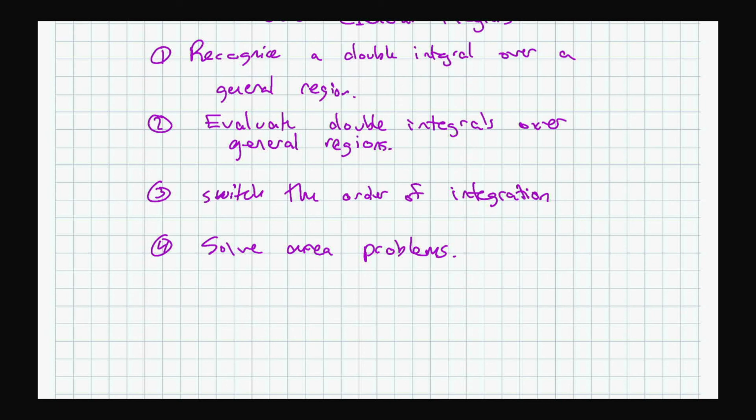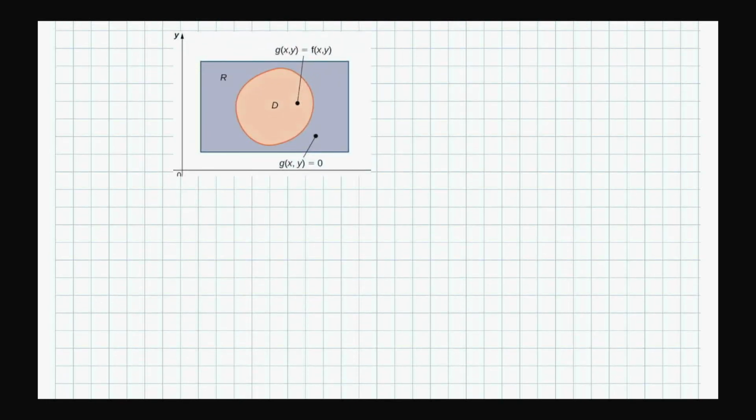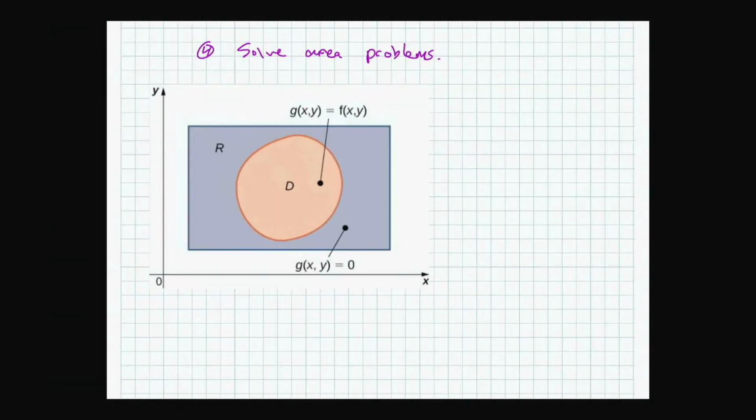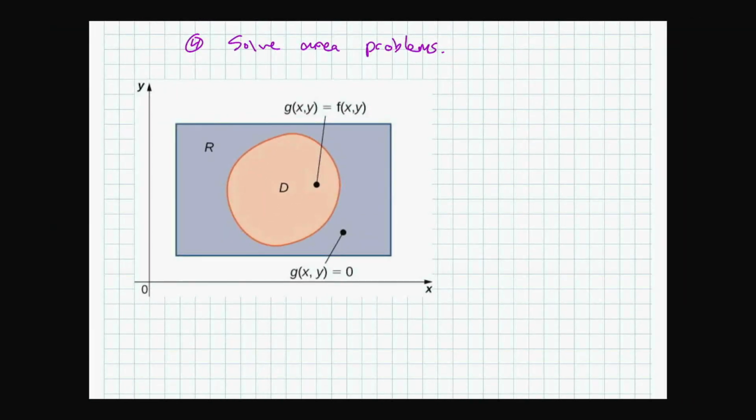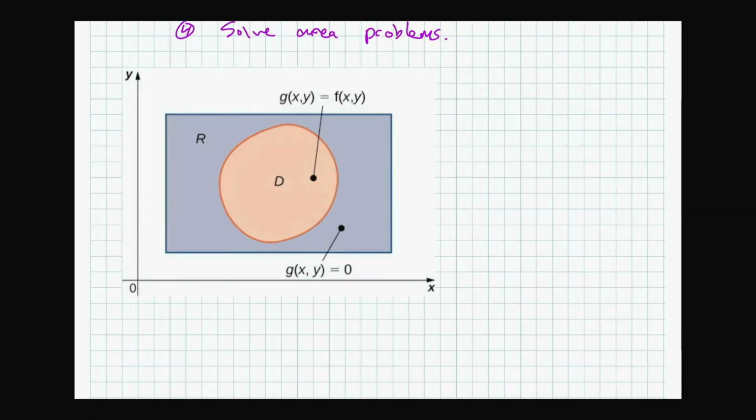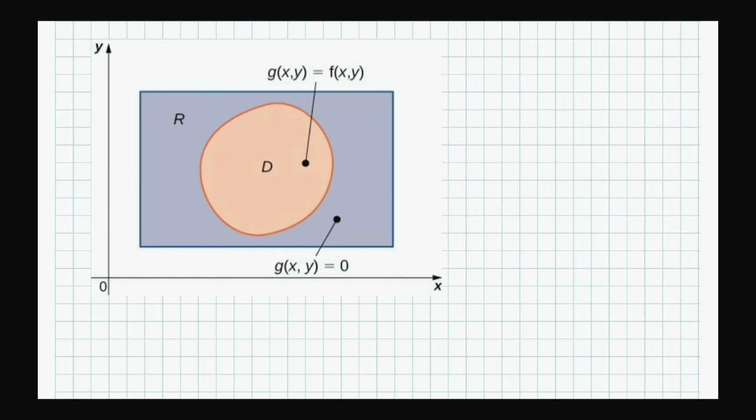First of all, what is a general region? That's the first thing we need to know. When we say a general region, what we're talking about is something like this region D here in the plane. I don't really like the definition here, so pretty much ignore the g of x equals f of xy and the g of xy equals 0 stuff.